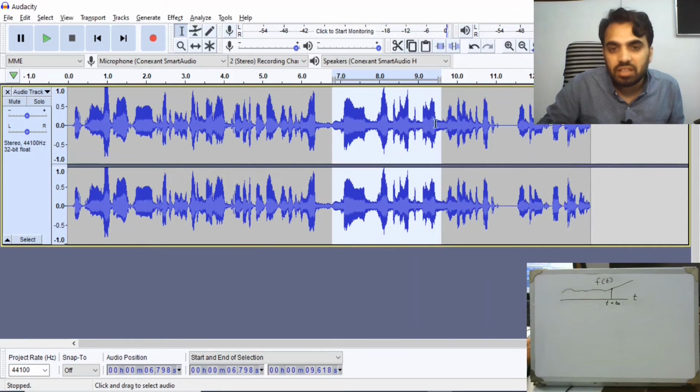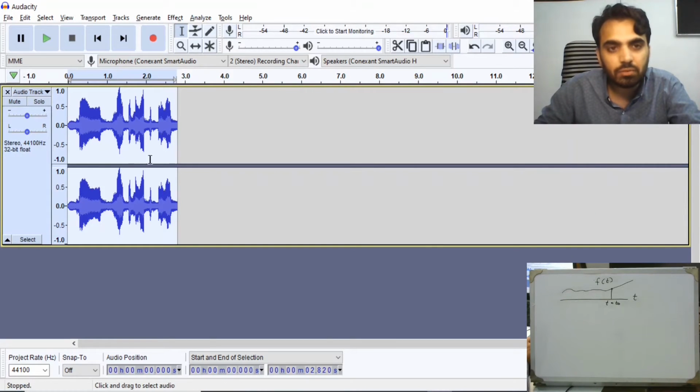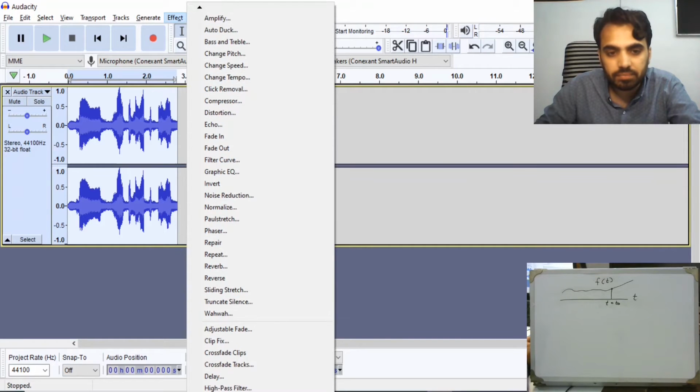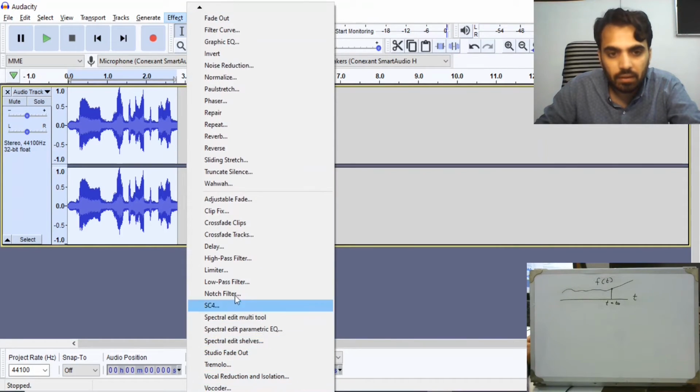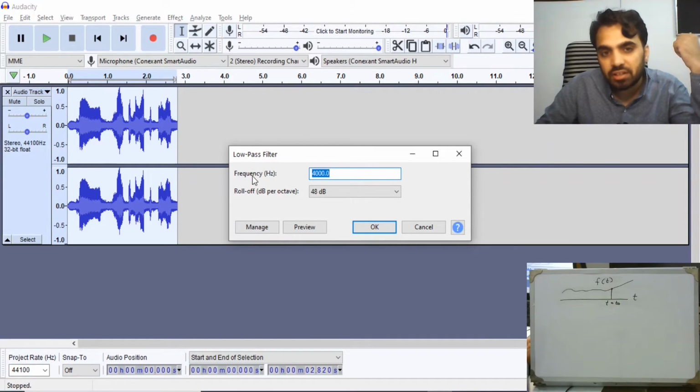So let me just keep this and delete the rest of the stuff. Next, let us select all of these values by using Control A, and then we will go to Effects, and then we will find a low pass filter, which is over here. Since I mentioned that beyond 4 kilohertz the audio signal is not there, so it's all noise, let us filter out all the frequencies beyond 4 kilohertz.